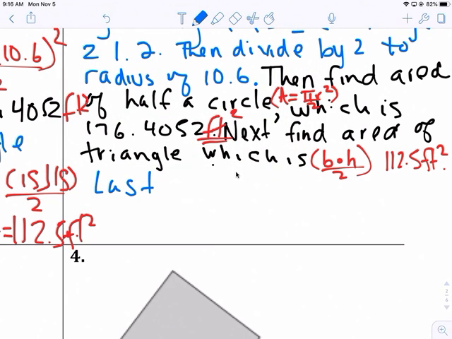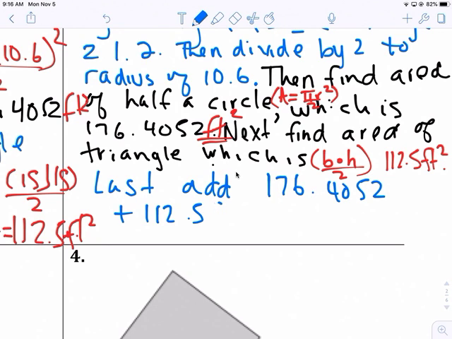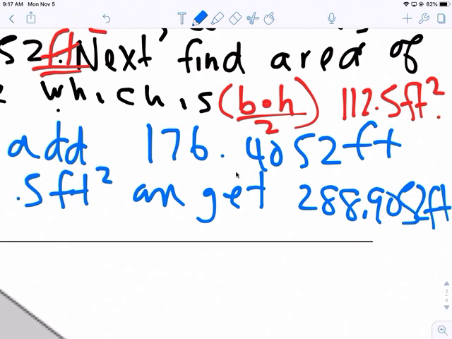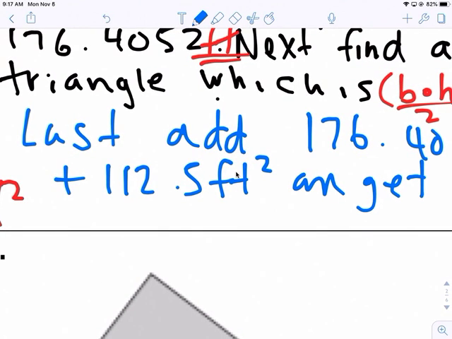Last, add 176.4052 to 112.5 feet squared, and get 288.9052 feet squared as the area of the shaded region.